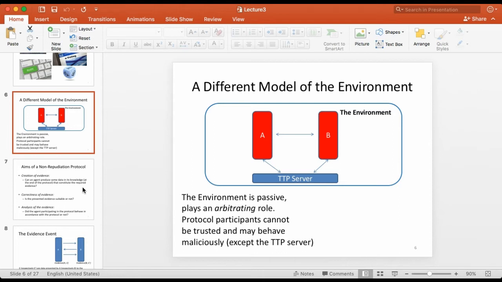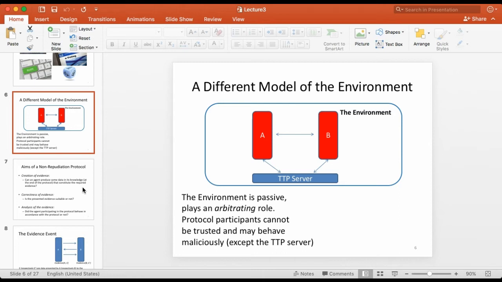Now, of course, this comes from the fact that environments are trusted. So we're using here the sense of the environment as a trusted thing, and that's different from the previous cases where we talked about the environment as being something which was not trusted.